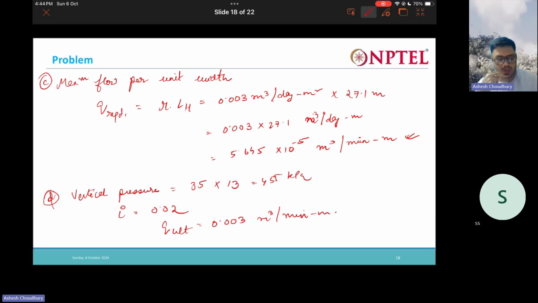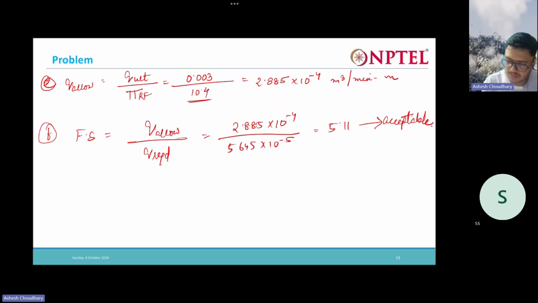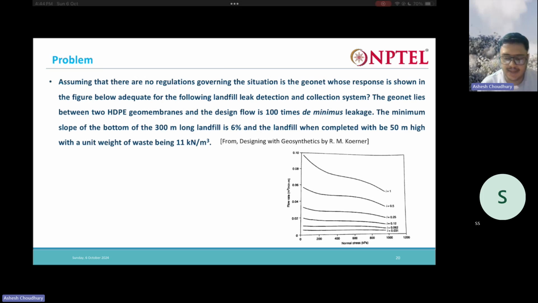Okay. So next we have the last problem for today. Assuming that there are no regulations governing the situation, evaluate the following landfill leak detection and collection system.